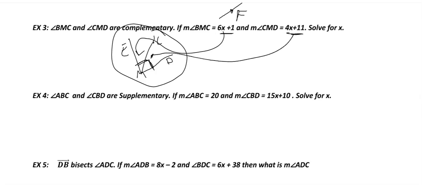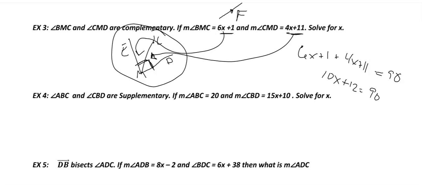Are we setting them equal to one another, or are we setting them equal to the whole? Well, since we know one and the other, and we know the whole is complementary, so it's 90 degrees, we can add them together. 6x plus 1 plus 4x plus 11 is going to give you 90 degrees, which gives you 10x plus 12 equals 90 degrees.